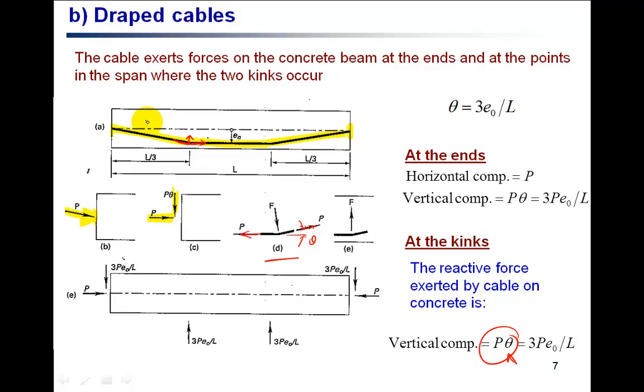As you can see here, the cables are arranged in such a way that this angle is theta, and at that point your eccentricity is e naught.